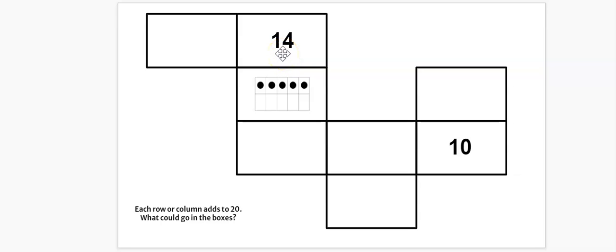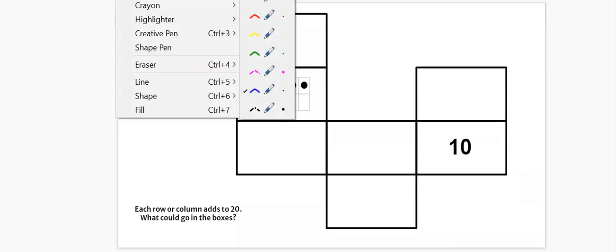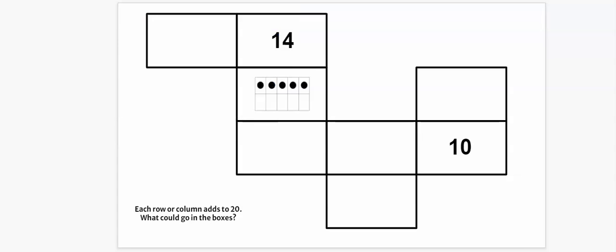We have 14. So we know this box because this row here has to add up to 20. So we know this would be, let me get my pen out. This would be, I know something plus 14 would equal 20.